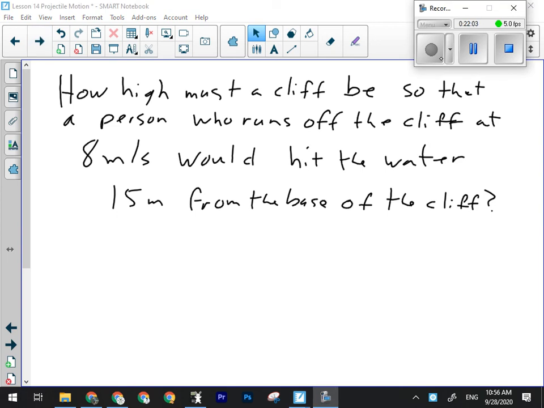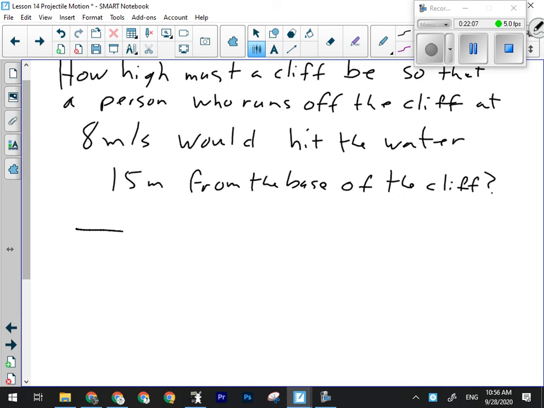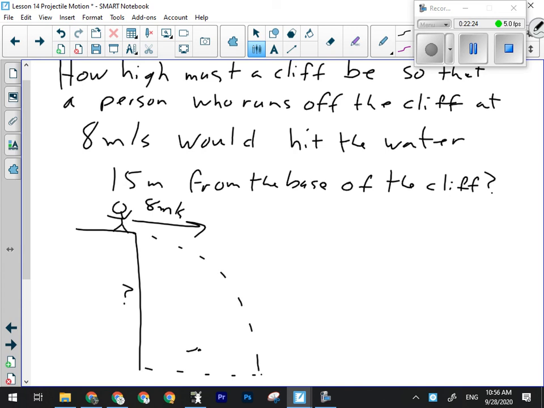So our givens should look something like this. We have a person inexplicably running off a cliff, and they're doing so at 8 meters per second. We want to know the height of the cliff if they're going to encounter the ground 15 meters from the base of the cliff.